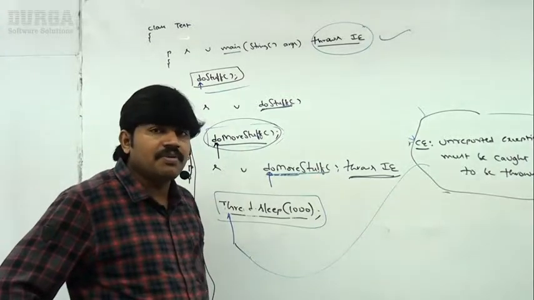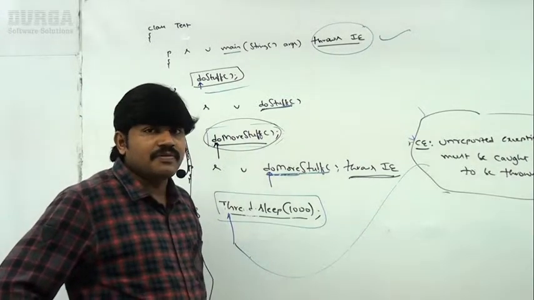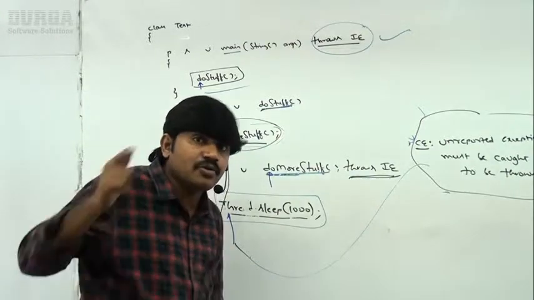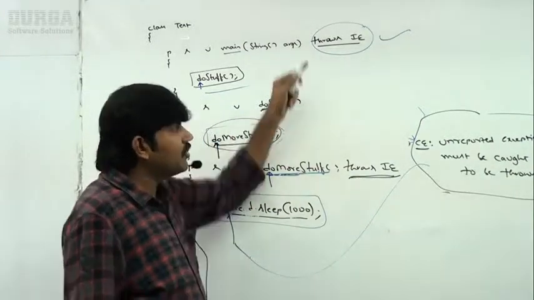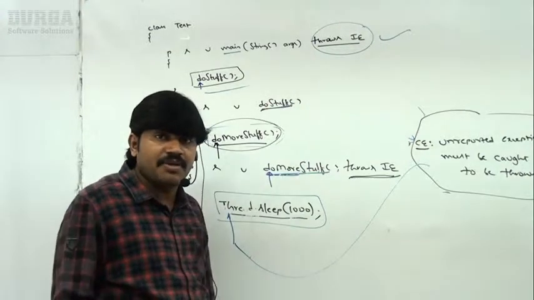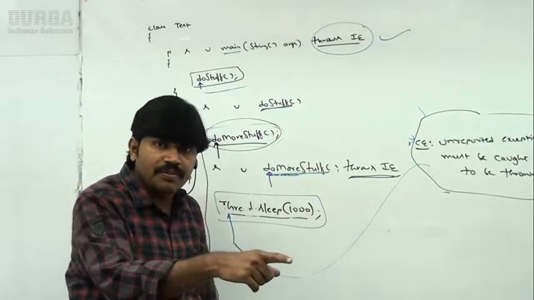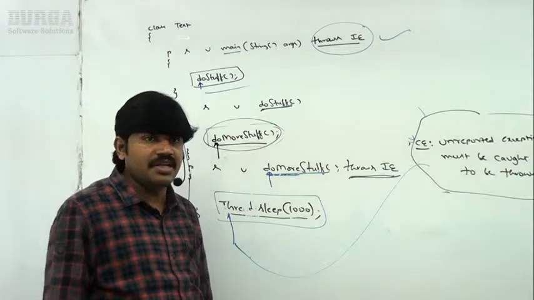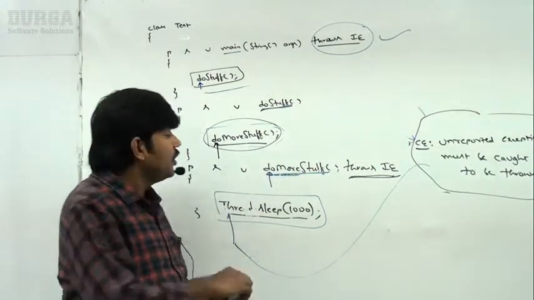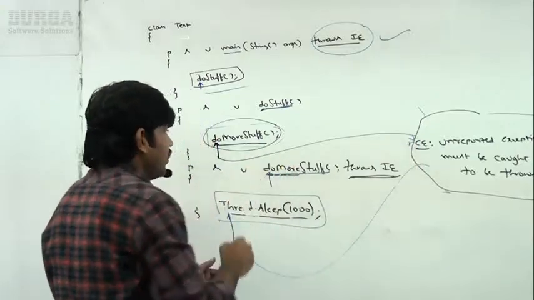Then simply the compiler is going to ask, hey doStuff, I know main can handle, but have you delegated to the main? Without delegating to the main, how can I ask the main method? That's why first delegate to the main, then I will contact the main method only. You didn't delegate, now you are responsible to handle, like here again a compile error you are going to get, sir.